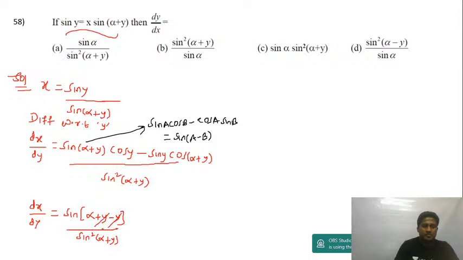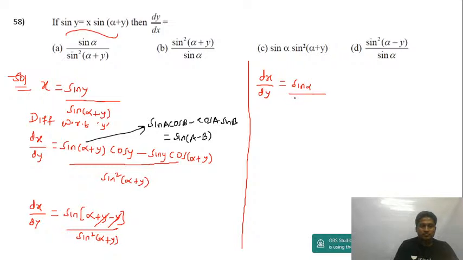Let me cancel this minus y and plus y. So I'm left with dx per dy is equal to sine alpha divided by sine square of alpha plus y.